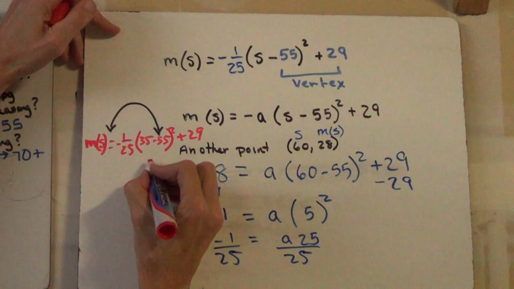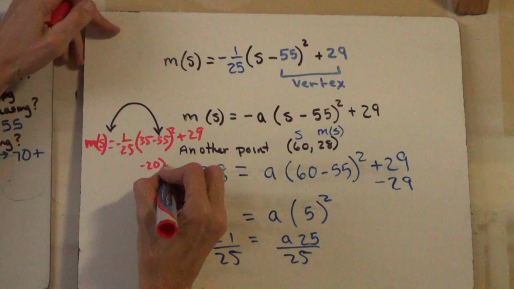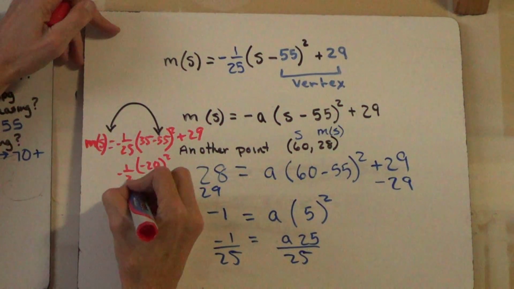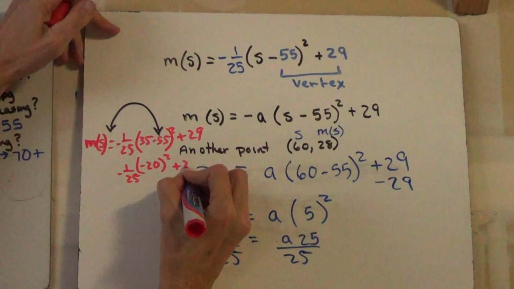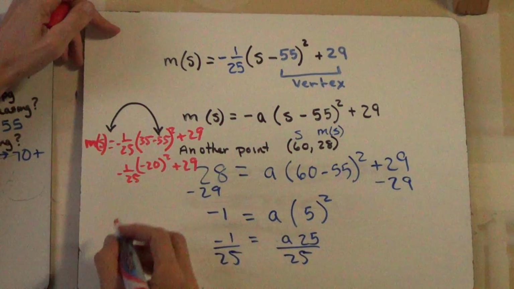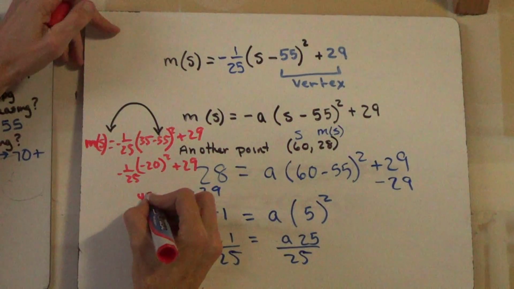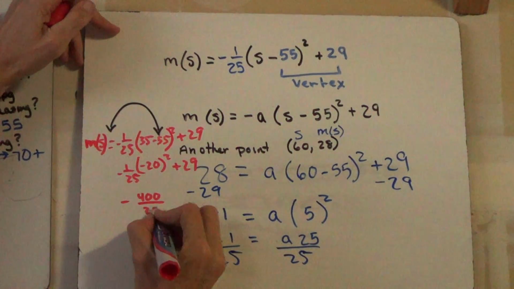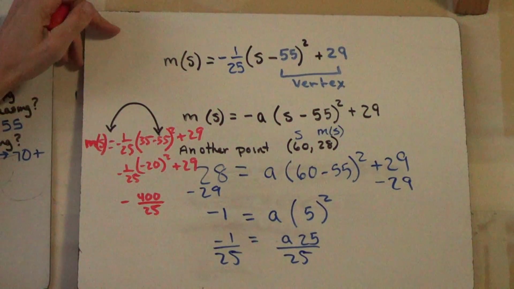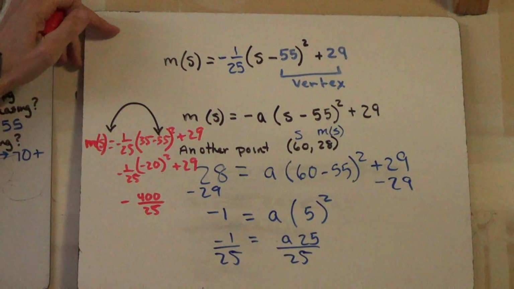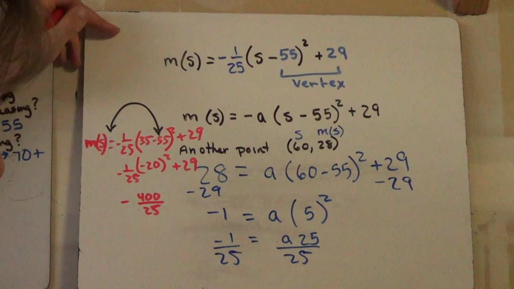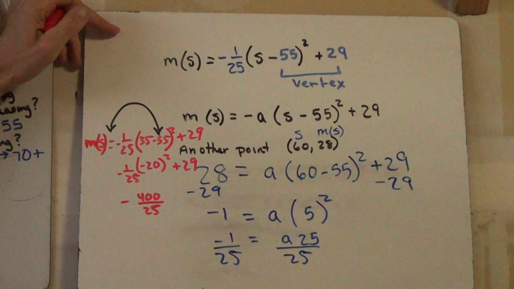35 minus 55 would be a negative 20, squared, plus 29. Negative 20 times negative 20 is 400 over 25. How many times does 25 go into 400? 25, 4 quarters in a dollar, or 16.